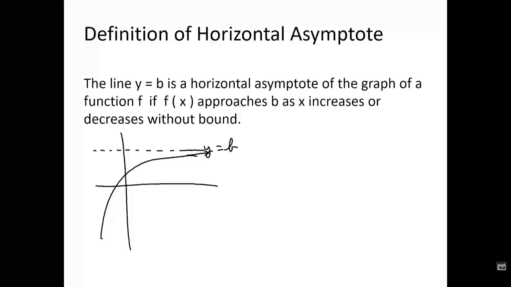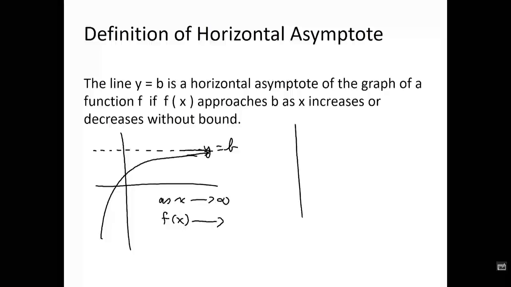As x increases, the values of the function f of x tend to get closer and closer to the line y is equal to b. So the line y is equal to b is a horizontal asymptote of the graph of a function if f of x approaches b as x increases or decreases.